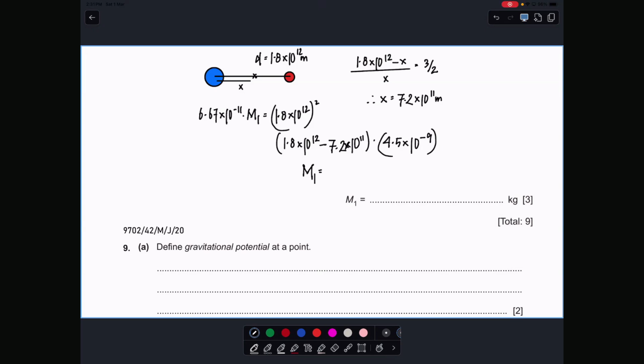How much is M1? হ্যাঁ, মনে হয় 2.4 into 10 to the power 38 kilograms.